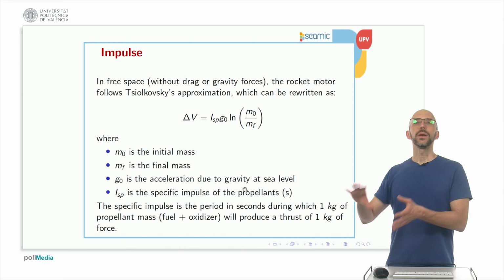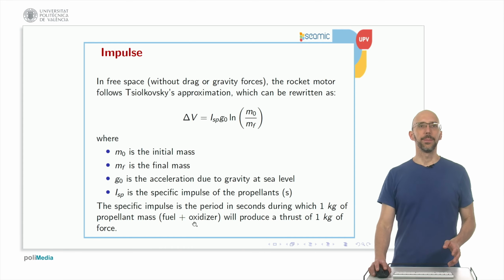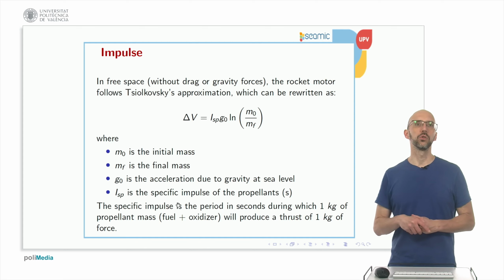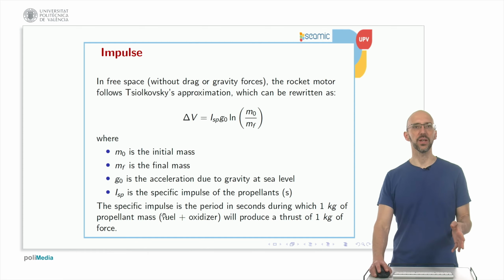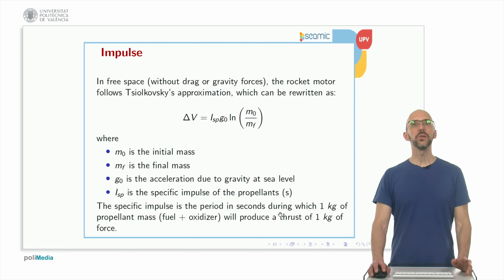It's the equivalent of the ejection velocity, but in this case it's more common to talk about the specific impulse. By the way, the definition is written here. The specific impulse is the period in seconds during which 1 kilo of propellant mass will produce a thrust, a push, of 1 kilo of force.